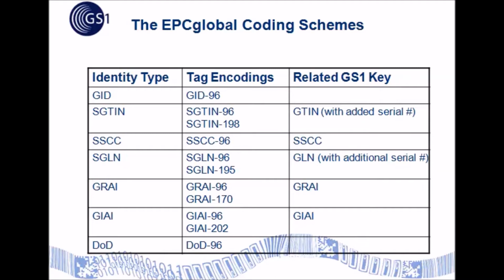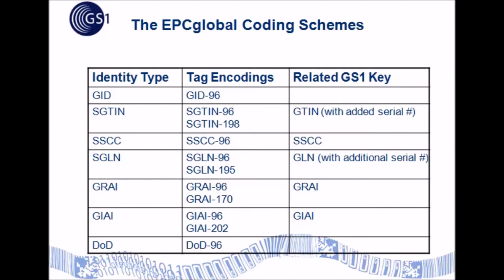Of course, we can also use the Electronic Product Code to represent a shipping pallet or cargo or other object by using the SSCC, serial shipping container code.